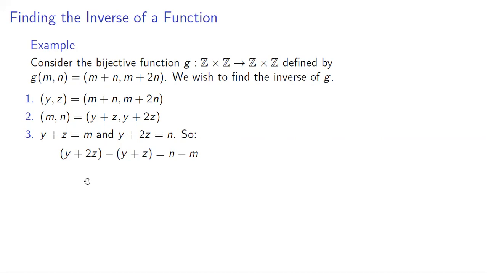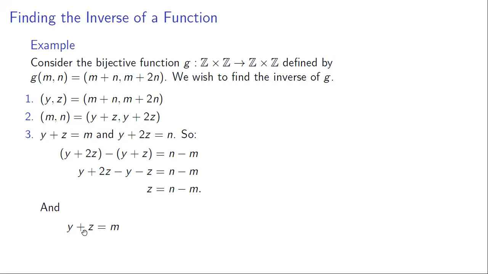Now, if we remove the parentheses here, we have y plus 2z minus y minus z is equal to n minus m. And if we simplify that, that gives us just z, right? So that's why we did this, because that allows us to isolate z. So we have y and minus y cancel each other out. We have positive 2z, negative z just becomes z. So we have z is equal to n minus m. So we found z. We still need to find y.